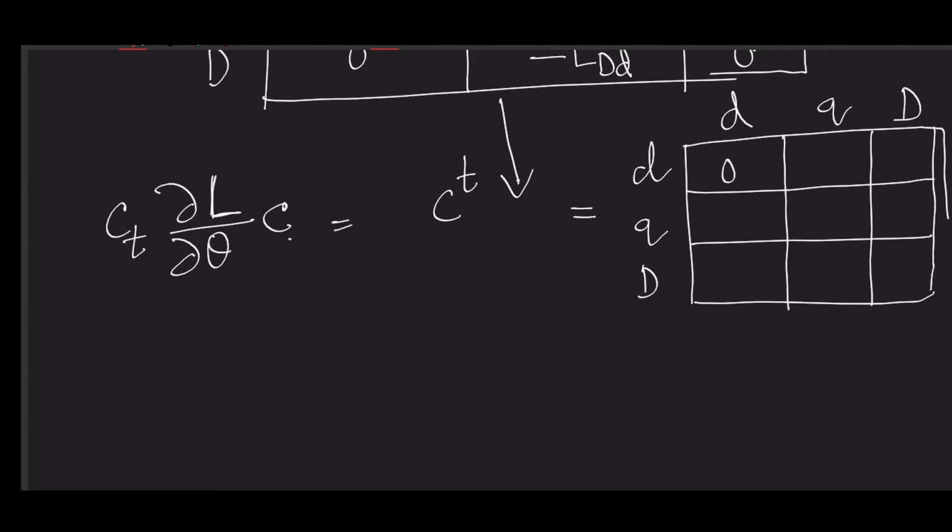Zero, LD minus LQ, minus LD minus LQ, 0 0 minus LDD, LDD, 0. So we have this representation.